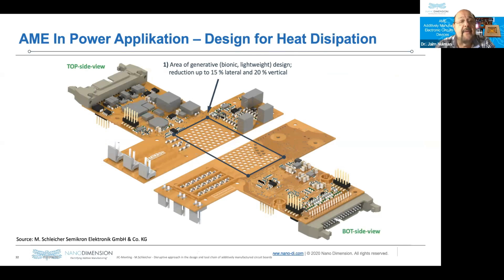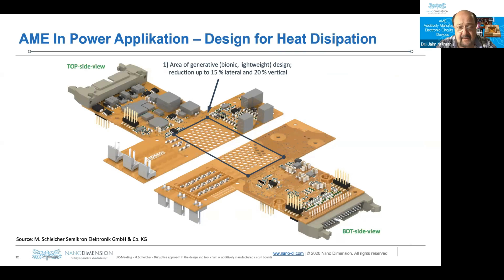We're looking at the top side view and the bottom side view of a power circuitry, where he used AME, and this is only at the design phase at this stage, to create the spaces here for effective radiation of the heat.